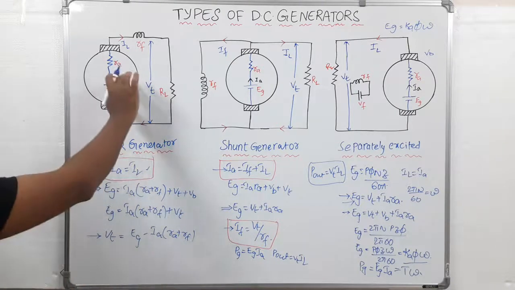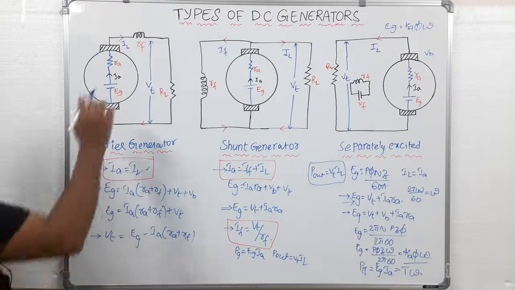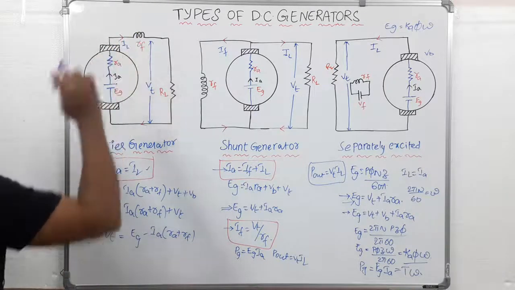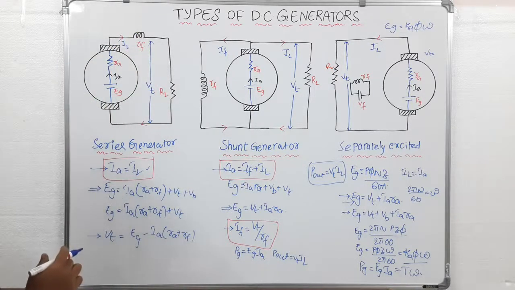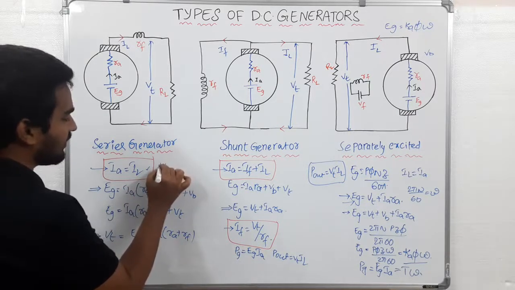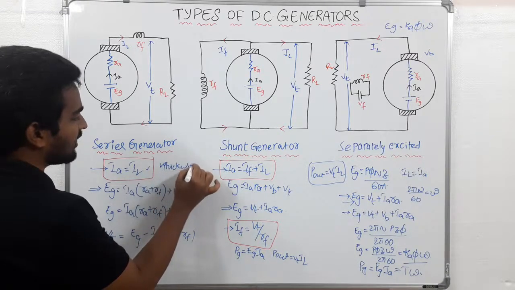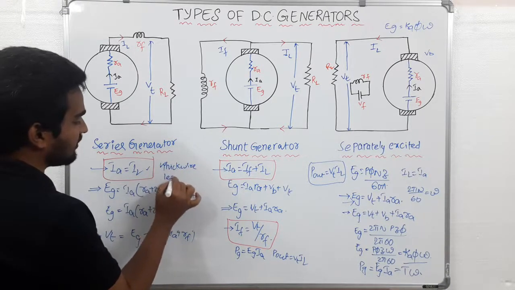The same current is flowing through both the armature resistance and the field resistance, and the field winding of this series generator is designed with thick wire with a less number of turns.